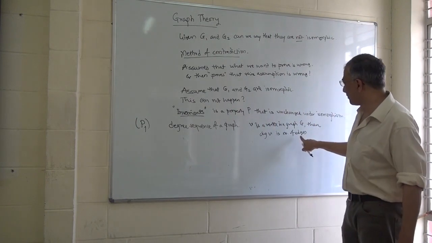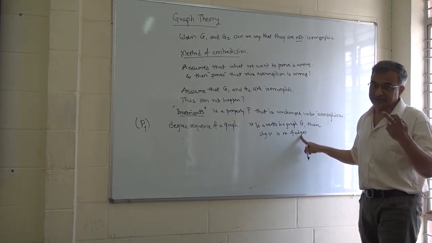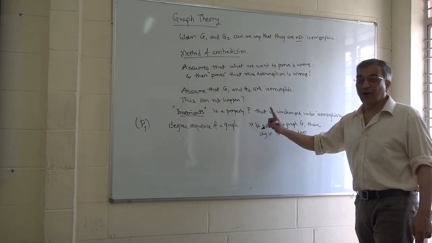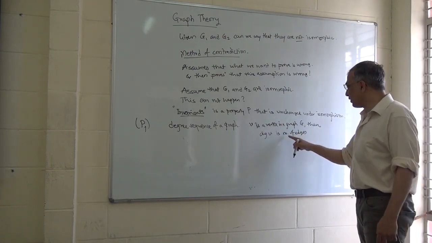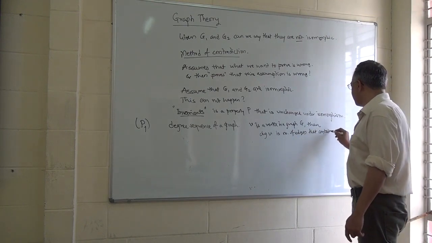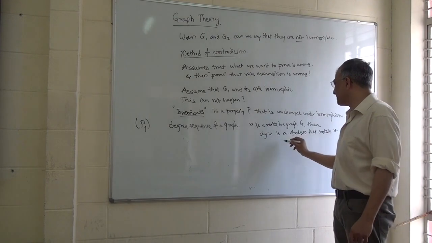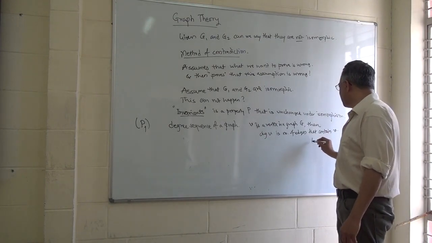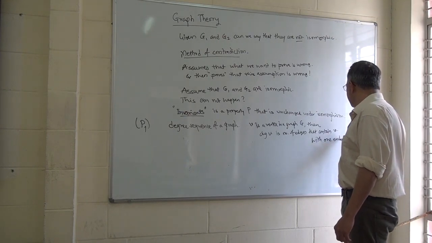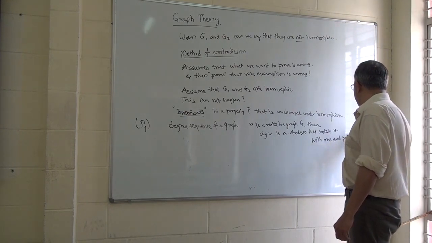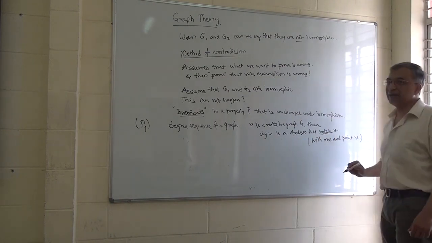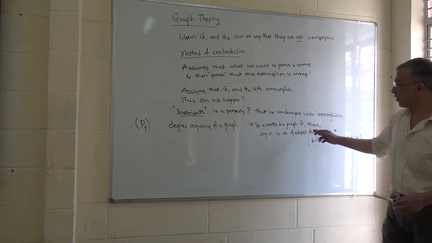Now remember, an edge is a 2-subset of vertices. So that 2-subset may contain this point or may not contain that point. We only look at the number of edges that contain V. Another way of saying it is the number of edges with one endpoint V. Contain means the same as with one endpoint V. So this is called a degree.